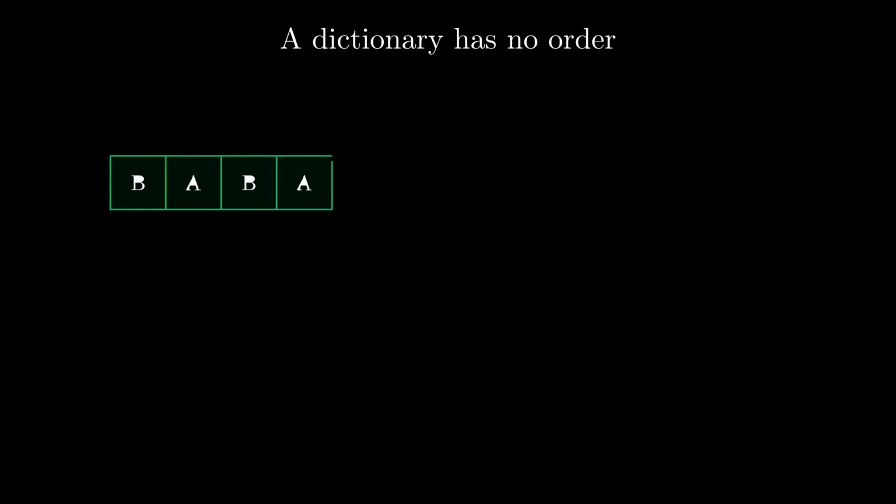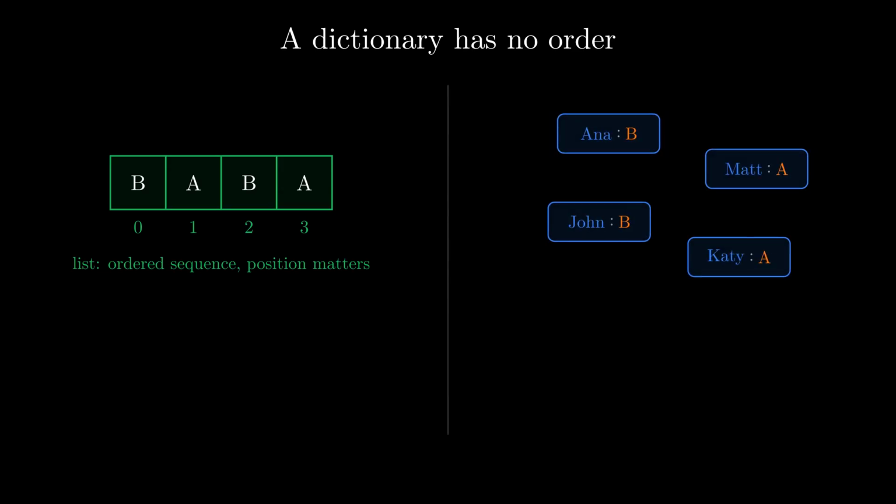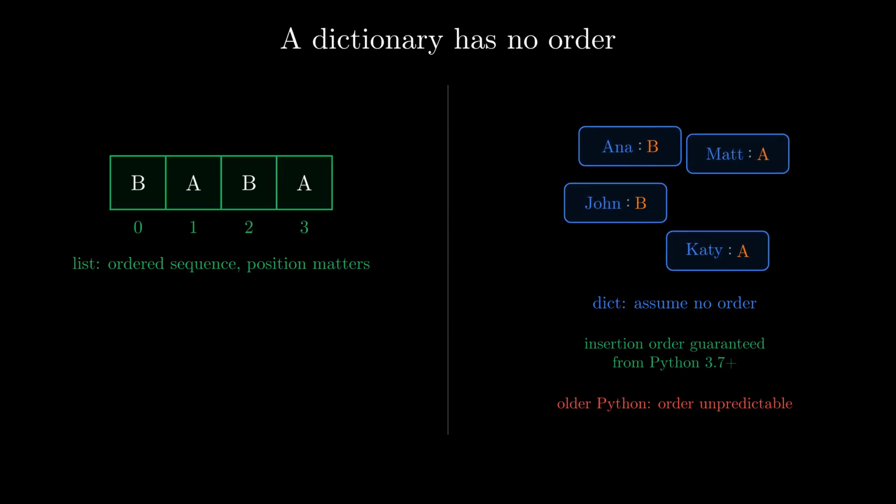One last property worth internalizing: you should treat a dictionary as having no order. A list is an ordered sequence, its first element at index 0, the next at index 1, and so on. A dictionary is not that. Modern Python does keep entries in the order you inserted them, guaranteed from Python 3.7 onward, but older versions gave no such promise, handing entries back in an unpredictable order.